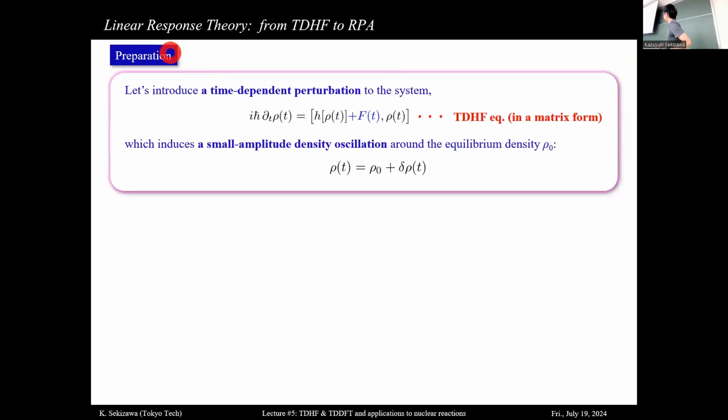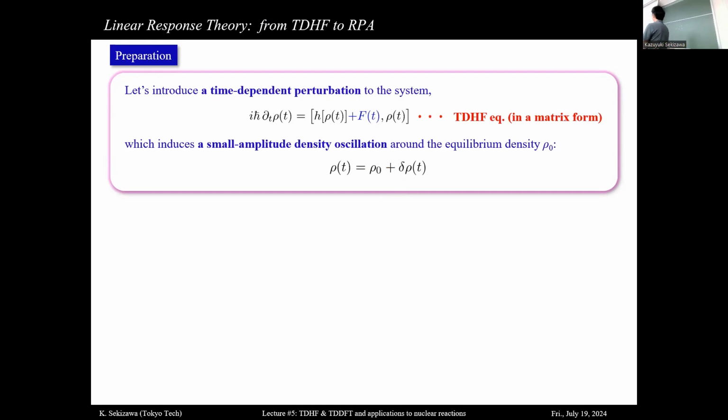In the case of time-dependent Hartree-Fock, you have i h-bar partial t of the density matrix, which is very similar. Now we introduce an external perturbation described by F(t) to the Hamiltonian. This induces a perturbation to the system.